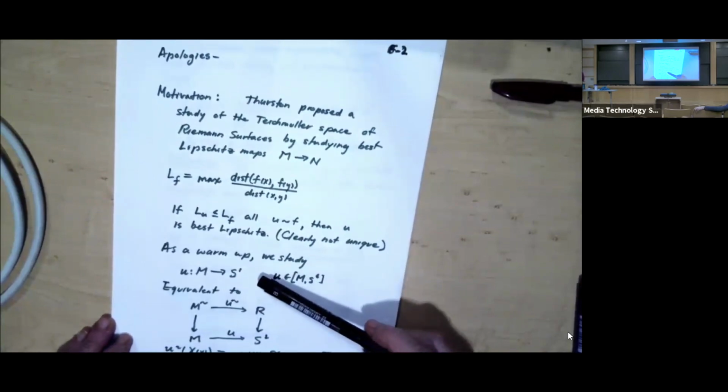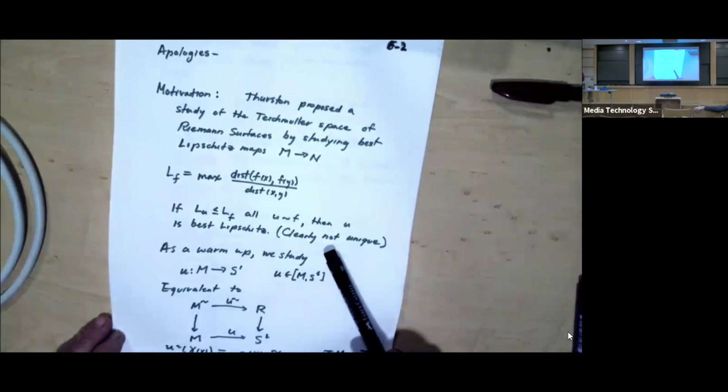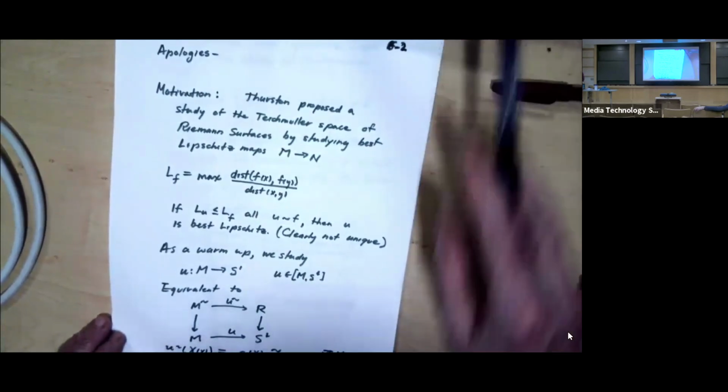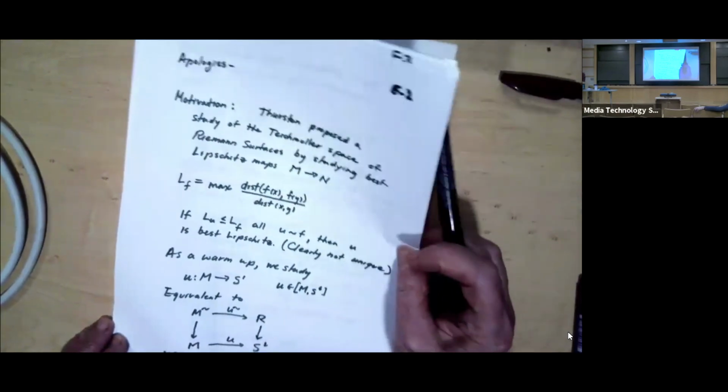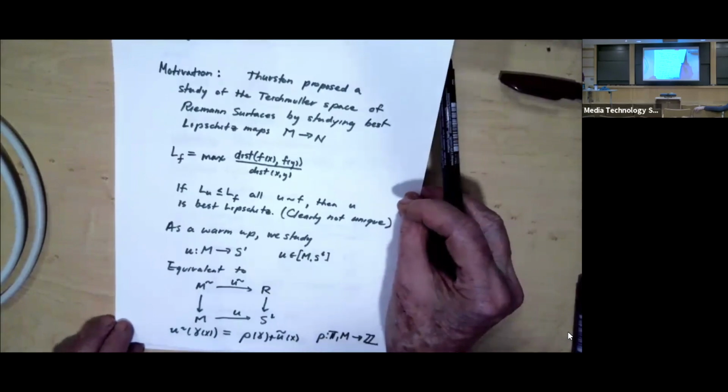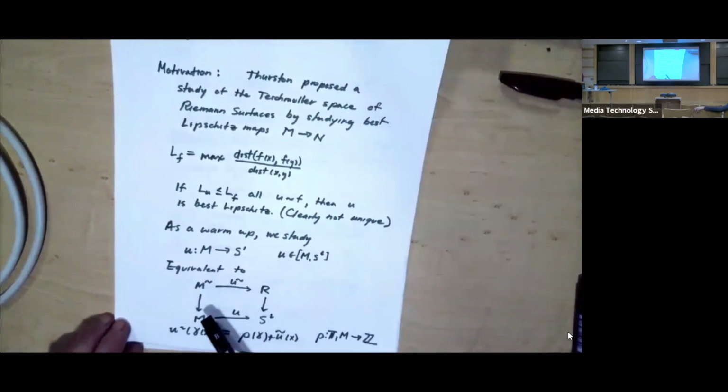An important part of the theory is that this is essentially equivalent to a best Lipschitz map from the universal cover of M to the universal cover of S1, which is R. And U, which maps M to S1, is covered by a U tilde, which maps M tilde to R.